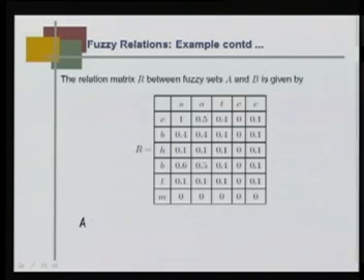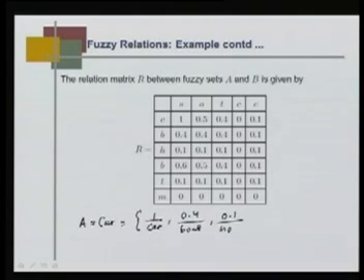A was the set which is car, and we defined this fuzzy set this way: 1 by car, 0.4 boat, 0.1 house, 0.6 bike, 0.1 tree, 0 mountain.